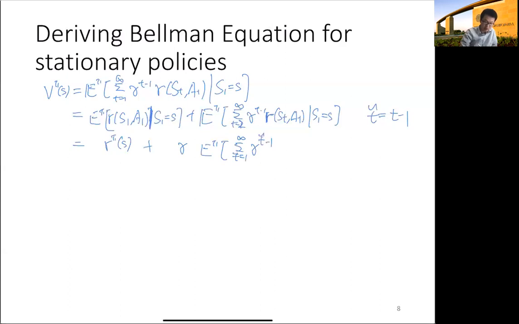Notice that I've already extracted one factor of gamma out. Previously you were summing from 2, now we're summing from 1, but the indices are exactly the same.